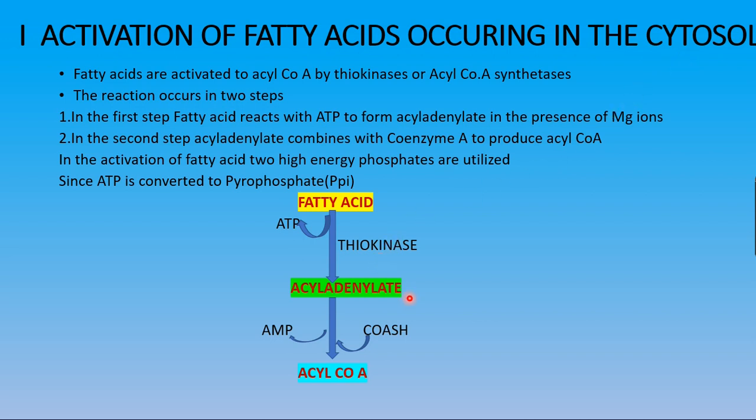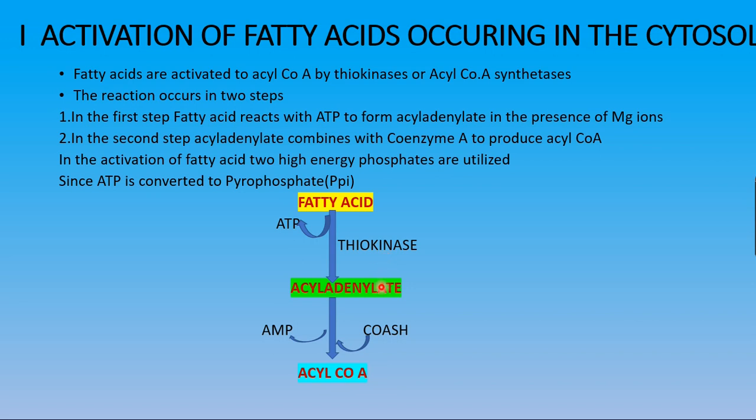Now the rest of the beta oxidation of fatty acids occurs in the mitochondrial matrix. The activated fatty acid is present in the cytoplasm, and this has to go inside the mitochondrial matrix because the rest of the enzymes are present there. Now it has to be transported into the mitochondria.